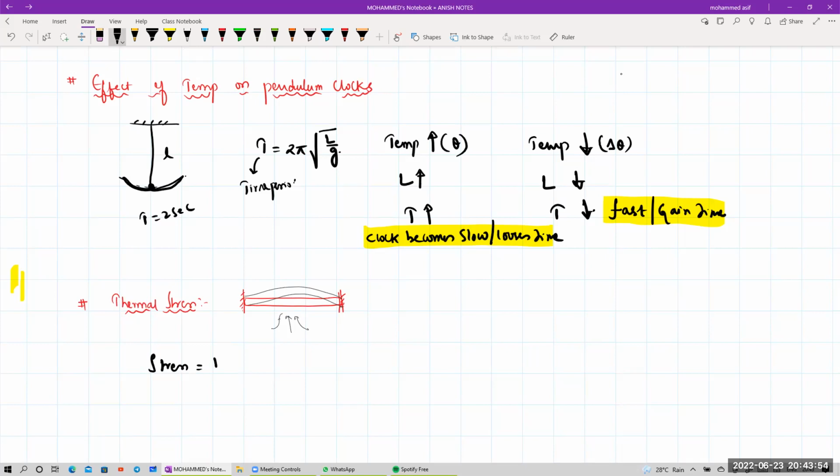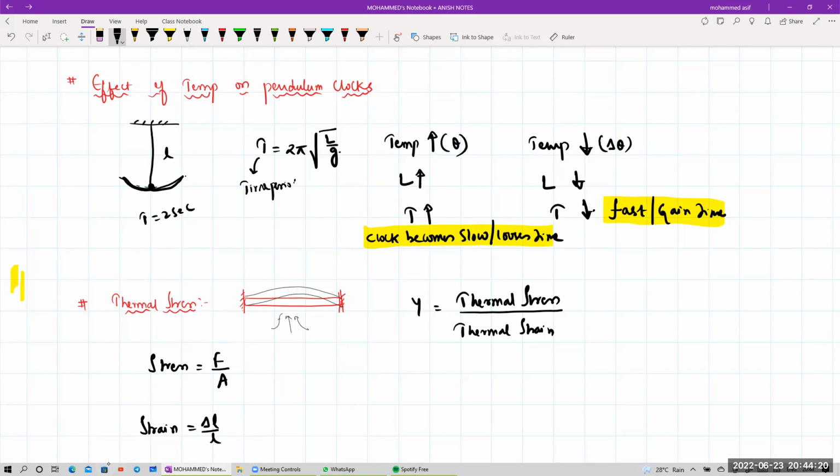Yes, sir. So stress is equal to how much, formula? Stress is equal to force divided by area. Young's modulus Y is known as thermal stress divided by thermal strain. Strain is equal to change in length divided by original length.